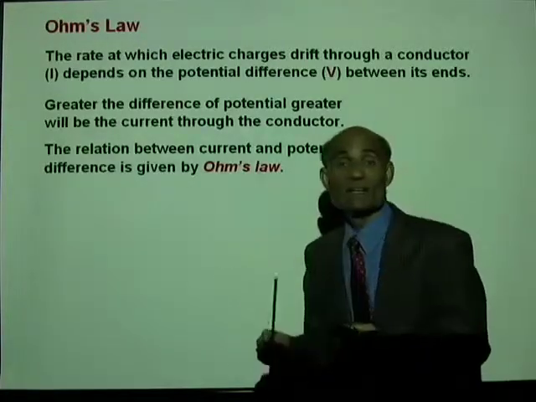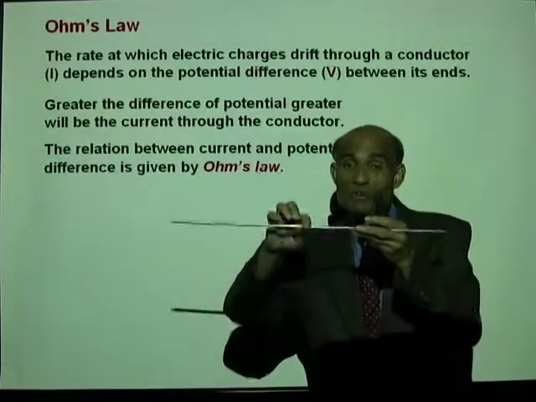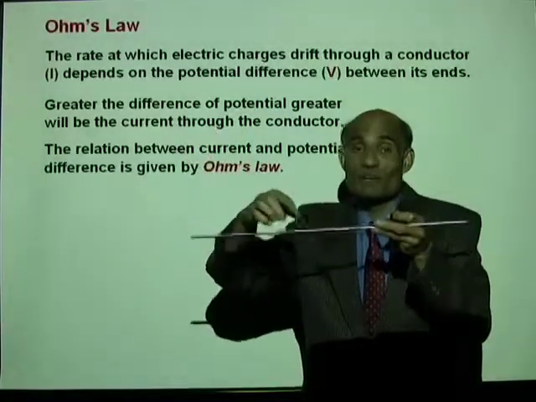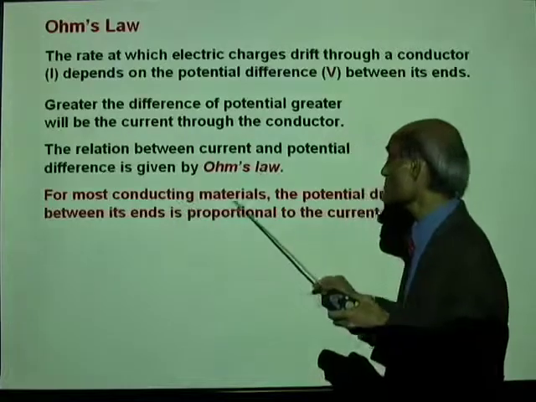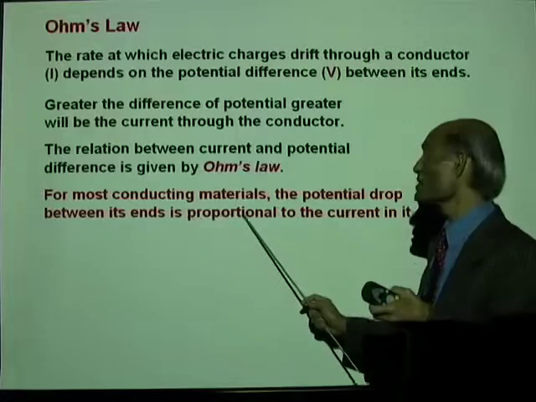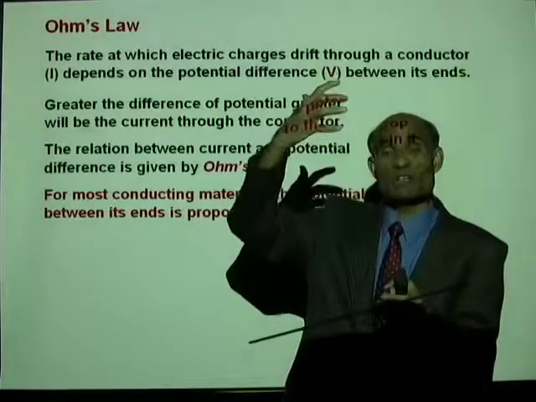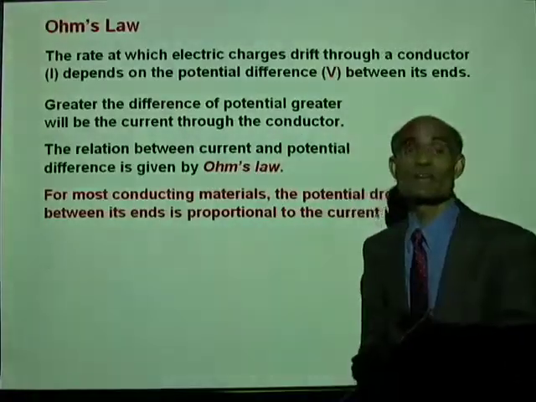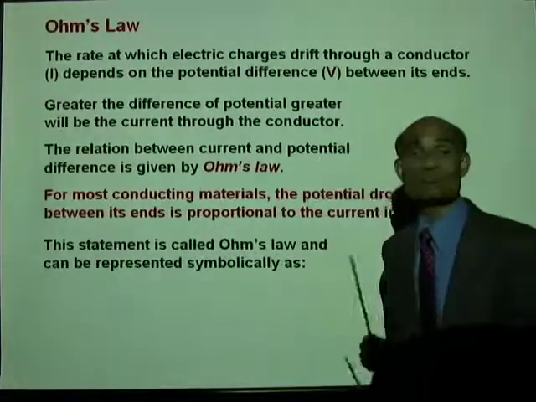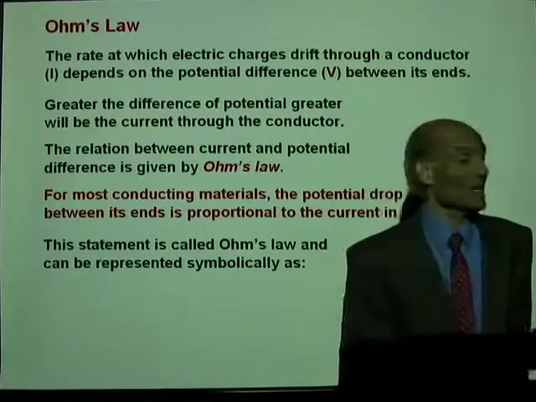Now, you can actually write down Ohm's law on your own. Current will be directly proportional to the potential difference. Is that right? Or for most conducting materials, the potential drop between its ends is proportional to the current in it. As the potential difference increases, the current also will increase. How do we write that? This statement is what we call Ohm's law, and we can represent it symbolically. How?